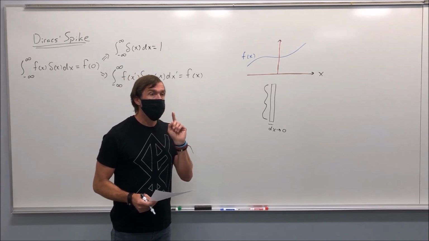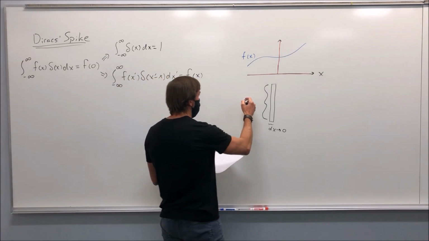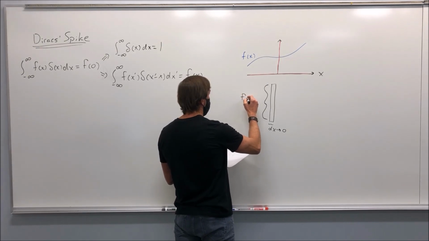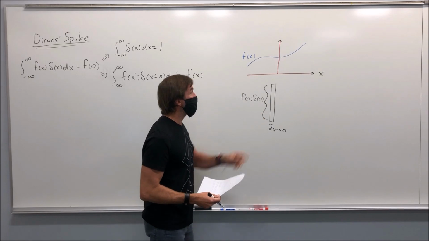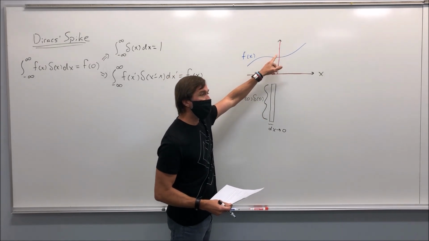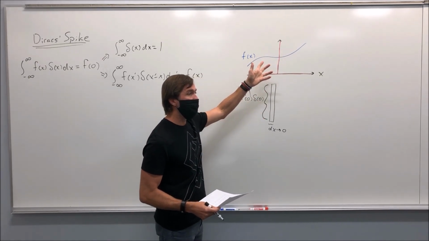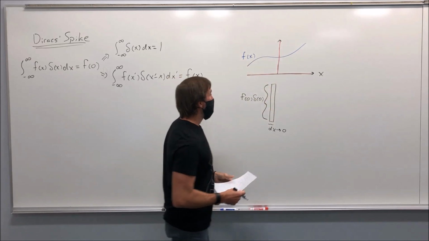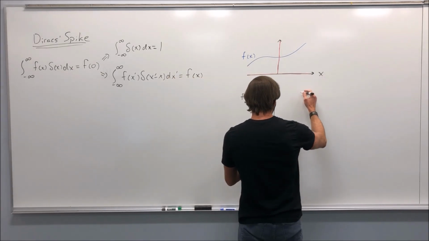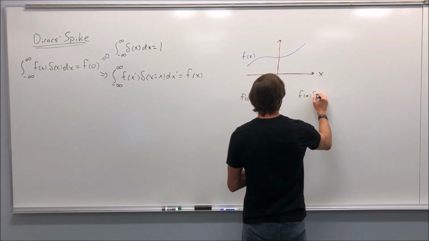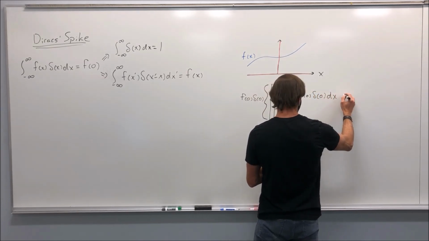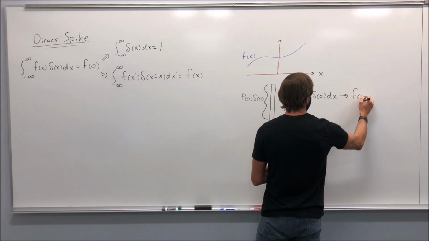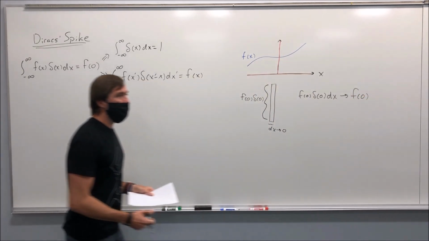It's f of 0 times delta at 0. It's the product of the delta function and the function that we're trying to evaluate. So the total is the integral of f(0) delta(0) dx, and we want this to give us f(0).